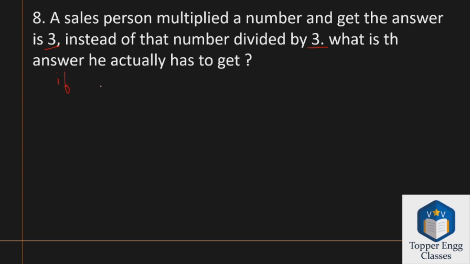See, here if x is the number, then 3x equals 3, therefore x will become 1. So on dividing the number by 3, he should get 1 by 3. So our answer will be 1 by 3.